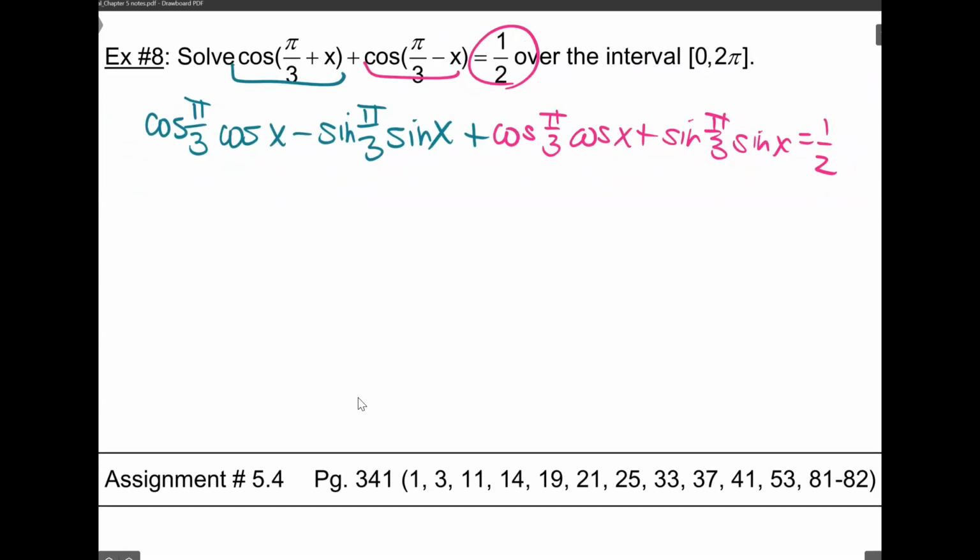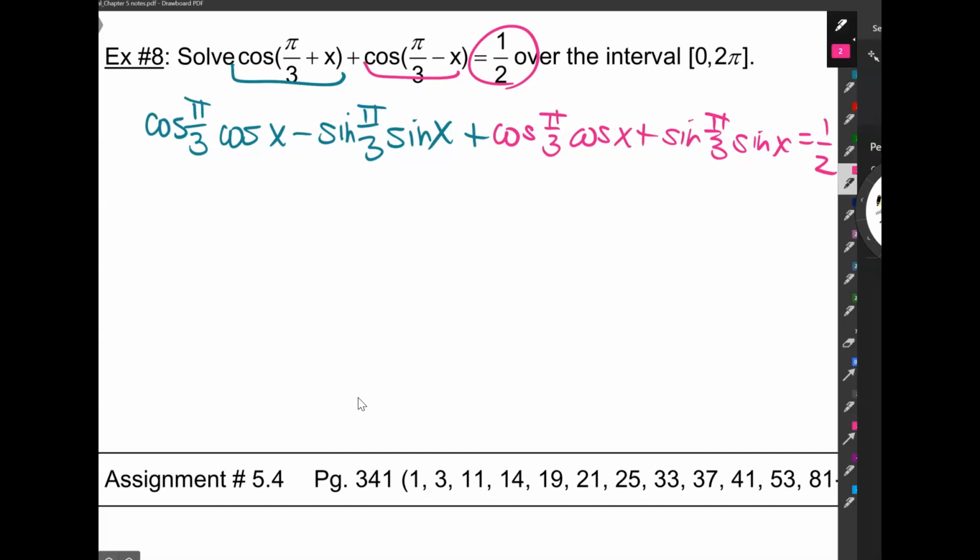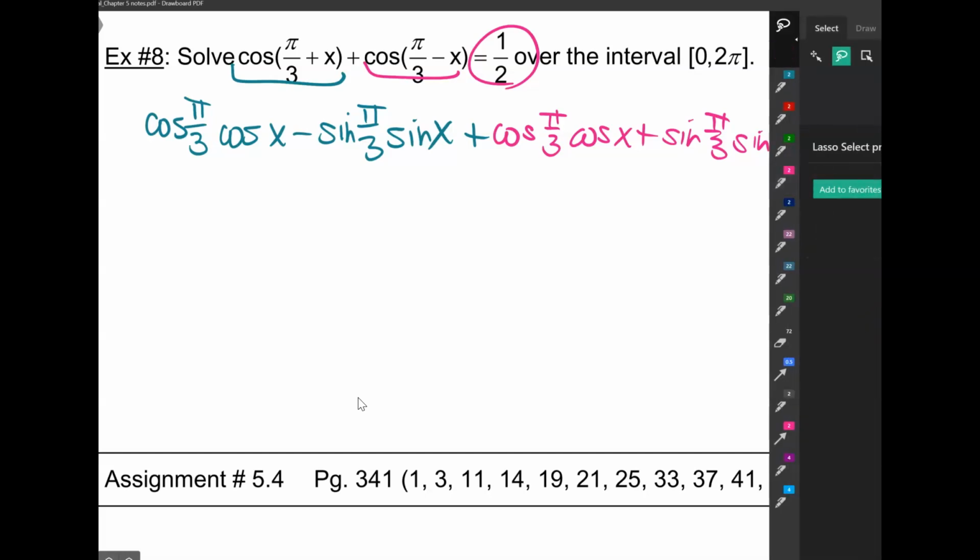I just tried color coding so you can see how I expanded it out. It's two different things all at once. Yes, the whole thing is equal to 1/2. But I didn't want to have like 3 colors. Oh, shoot. Okay. You know, I knew this.